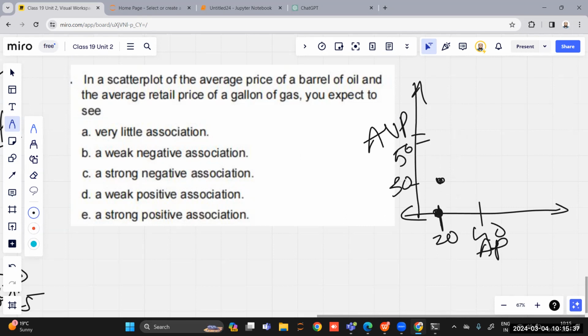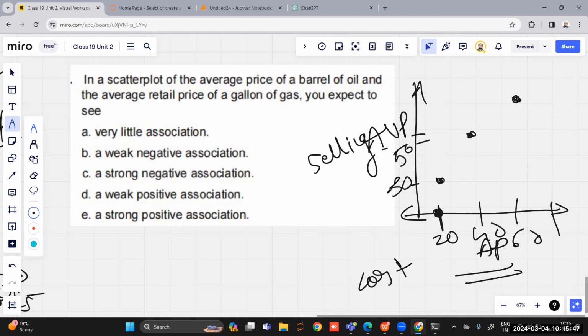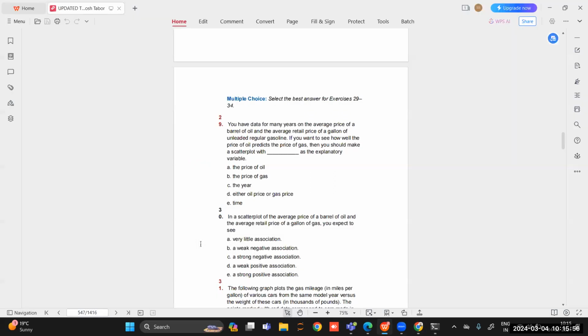If I'm buying for 40, I'll sell it for 50. If I'm buying for 60, I'll sell it for a higher price. As the cost price increases, the selling price will increase, yes or no? Yes. So it will be a strong positive correlation, a strong positive association.